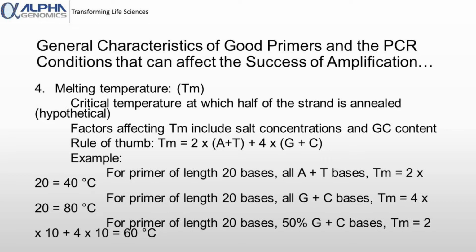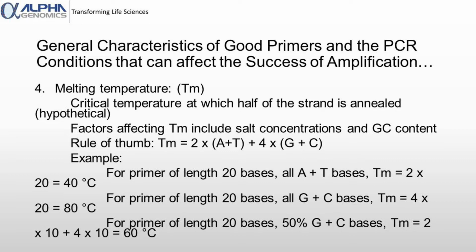The melting temperature can be inferred as 2 times (A plus T) plus 4 times (G plus C). For example, we have a primer of 20 bases in length, and all of those 20 nucleotides are A and T. What will be the Tm of that primer? 2 times 20, because all the bases are A and T, is equal to 40 degrees centigrade.